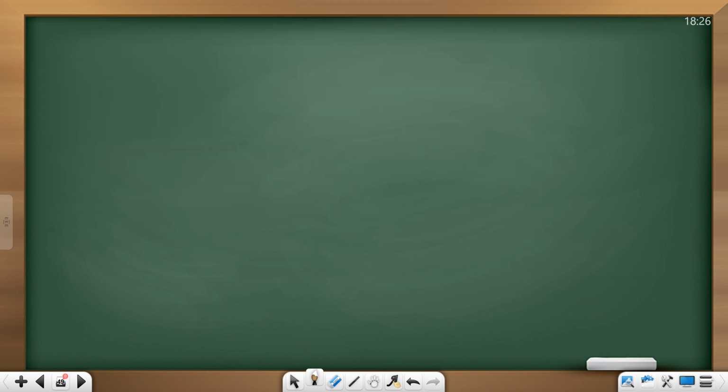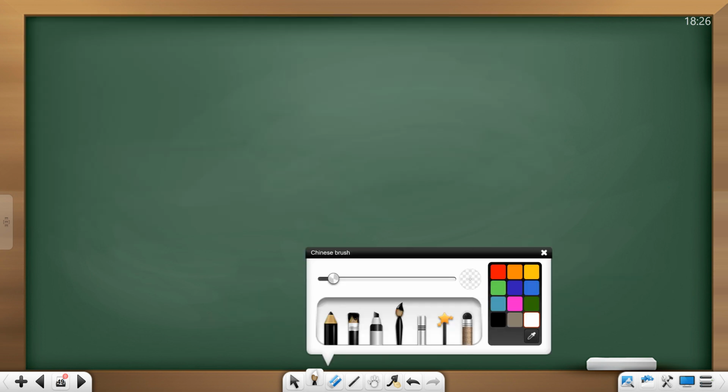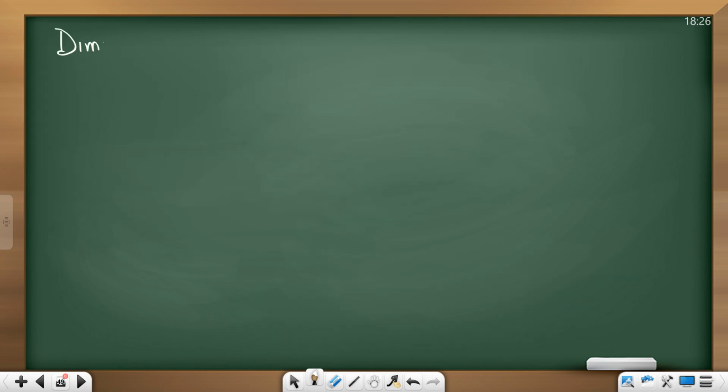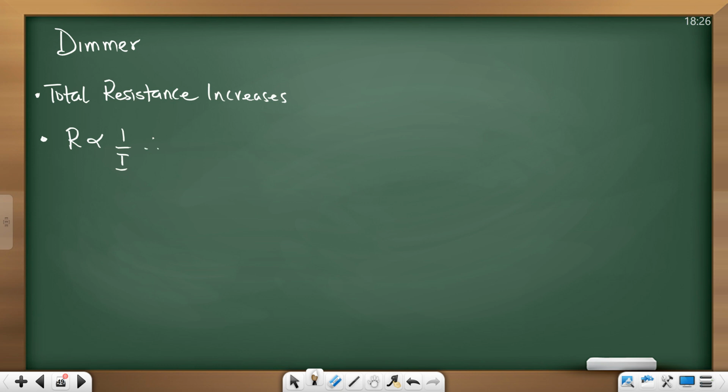So, check. I'm going to start by saying dimmer. And what are the reasons? Total resistance. What did we say? Increases. Try to give the examiner a formula. But R is inversely proportional to I. Therefore, I will what?